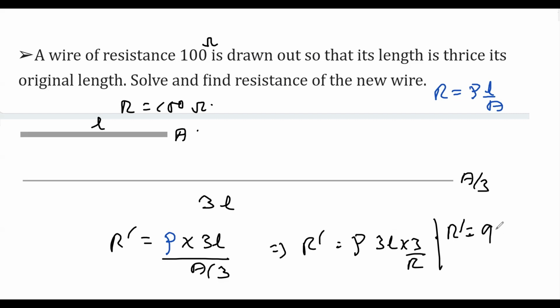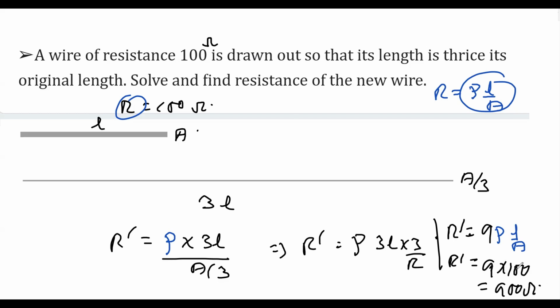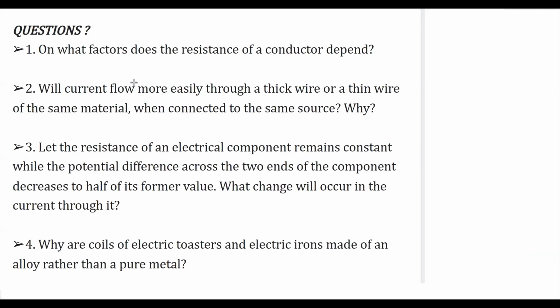So this is 9 rho L over A. That's rho L over A, and I can see this is equal to 100. So the new resistance will be 9 multiplied by 100, that should become 900 ohm. Technically, you should remember that this is 9 times the original resistance.